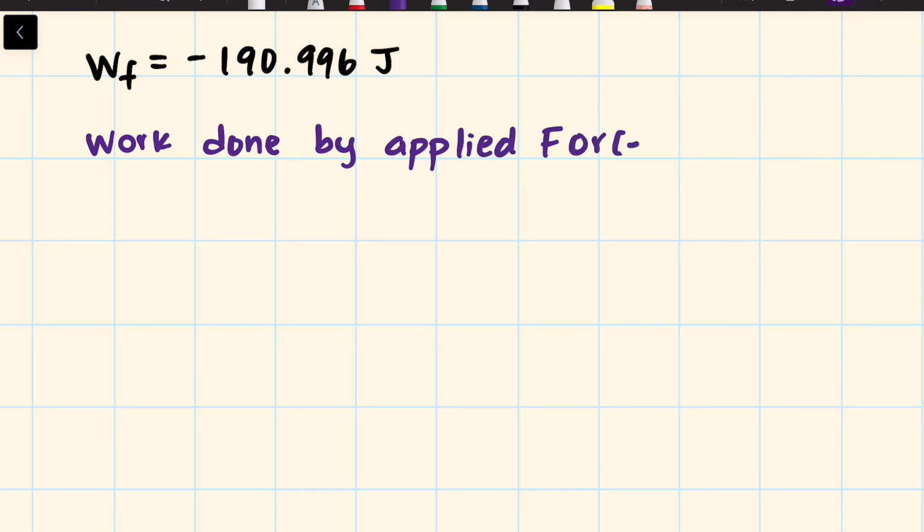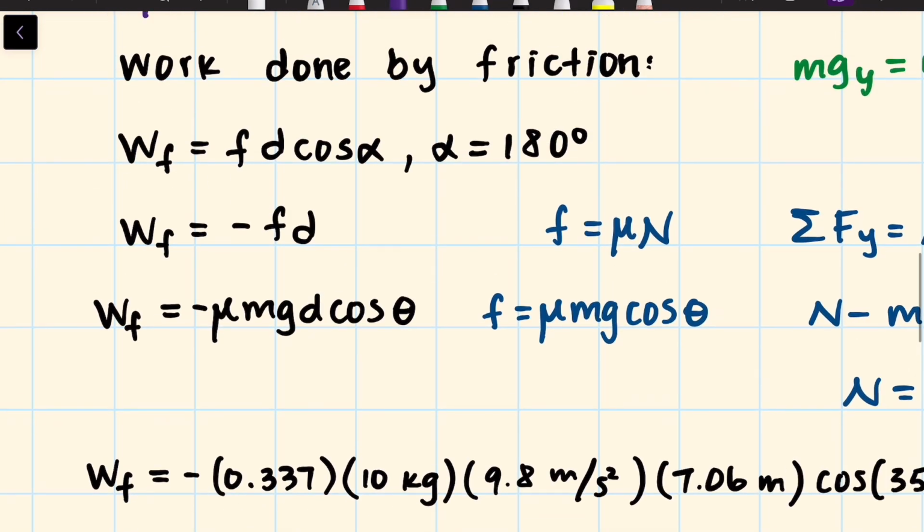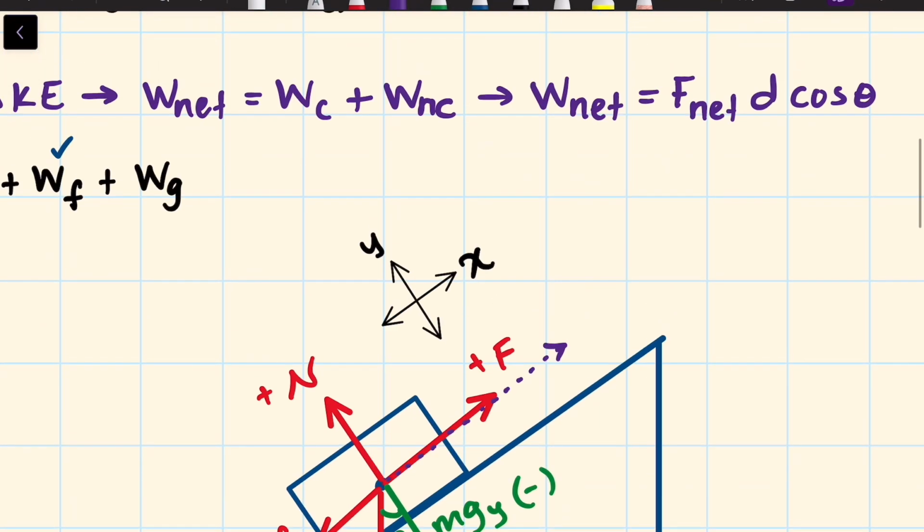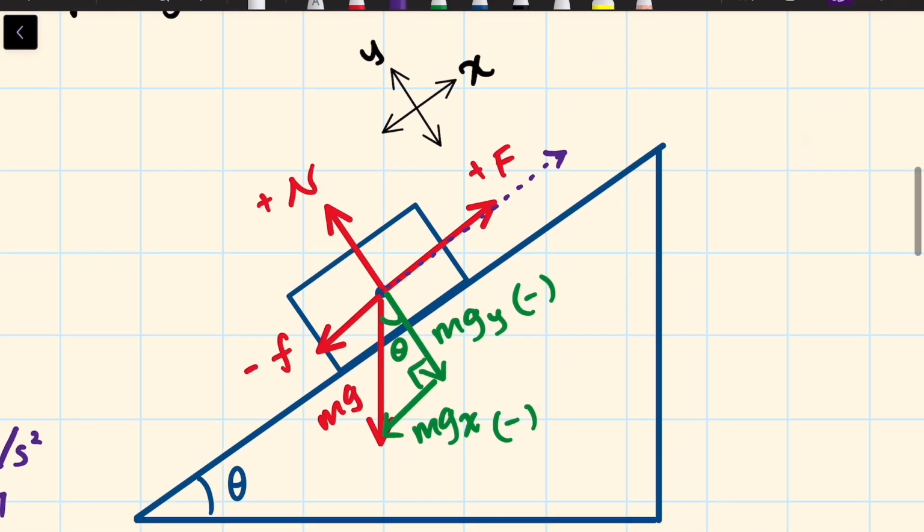And that's just F. So now we have that the work done by force F is equal to the force times the displacement times the cosine, not theta. Don't forget that this angle belongs to the force.